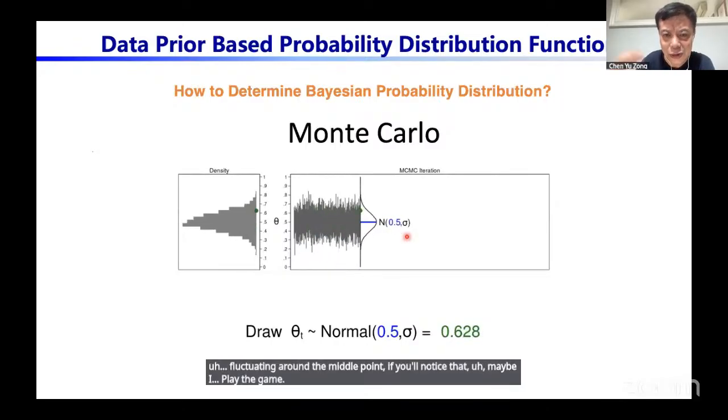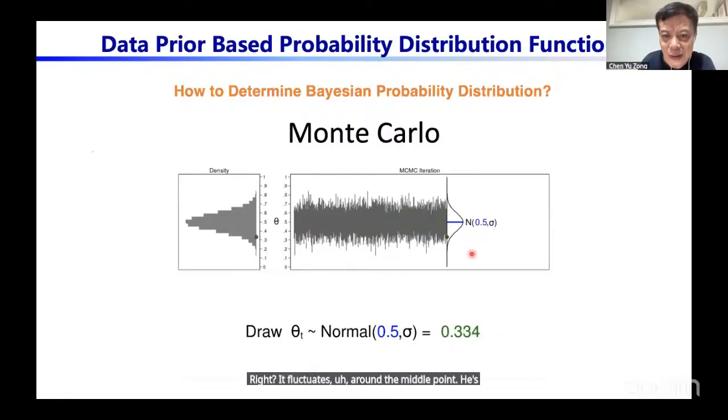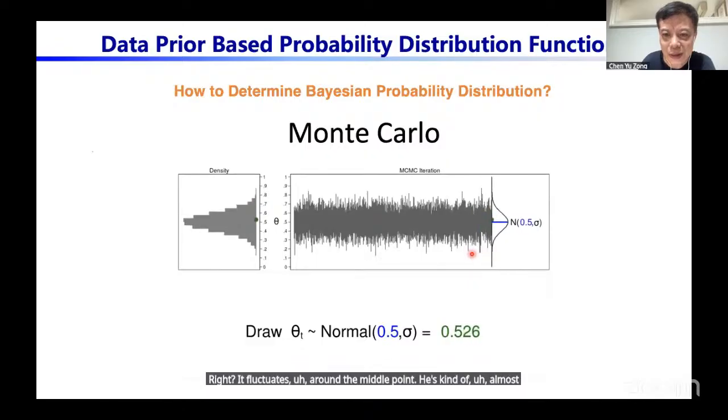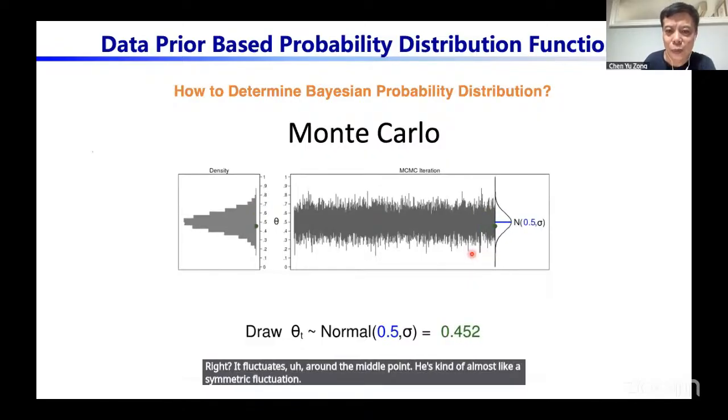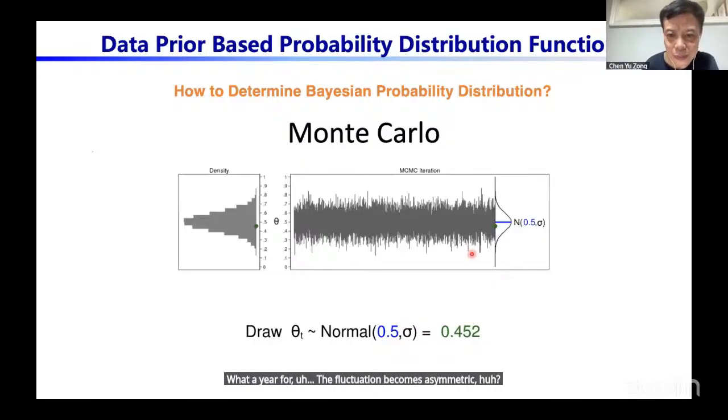Right? It fluctuates around the middle point. So it's almost like a symmetric fluctuation. What if the fluctuation becomes asymmetric? Of course, we can do that. I can show you in the next example.